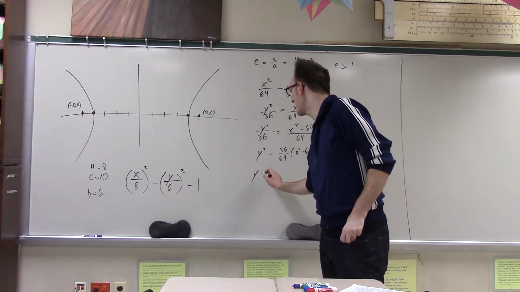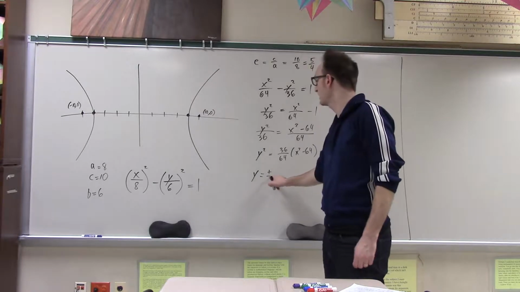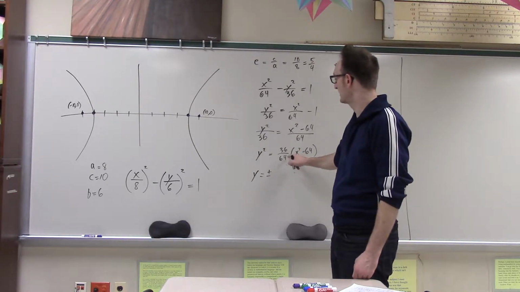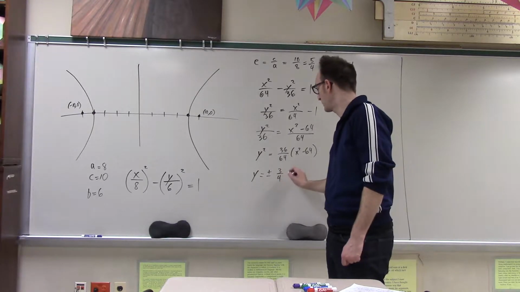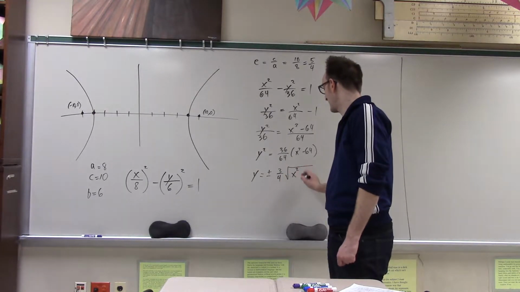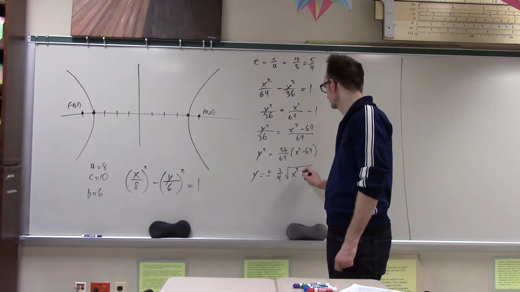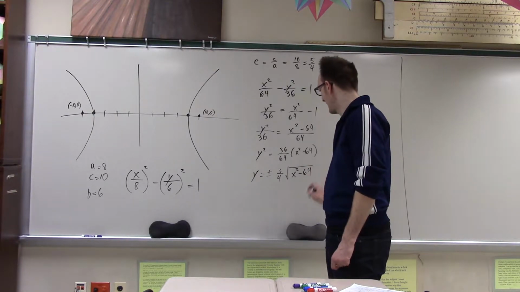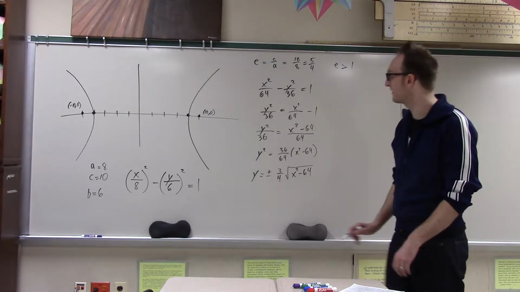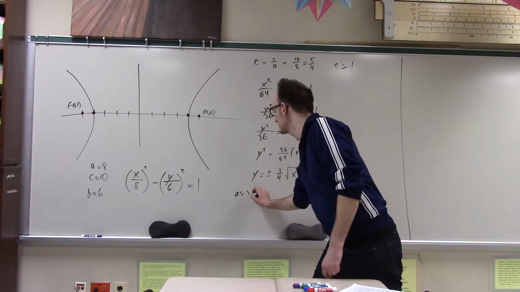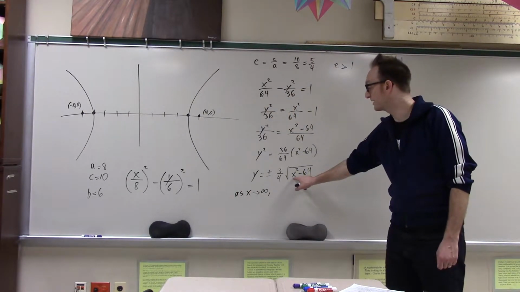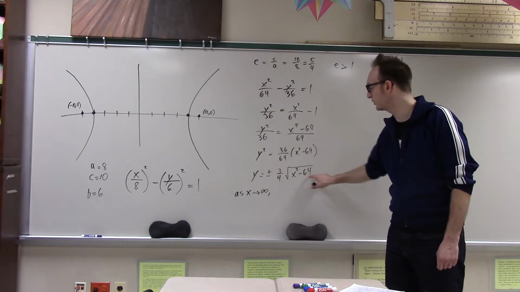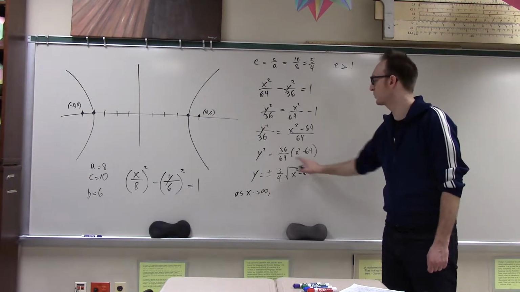And so what is y? y can be written as plus or minus 6/8, so 3/4, times the square root of x squared minus 64. For very, very large values of x, as x goes to infinity, you're taking a really big number, squaring it, subtracting only a tiny bit from that, and then square rooting again.